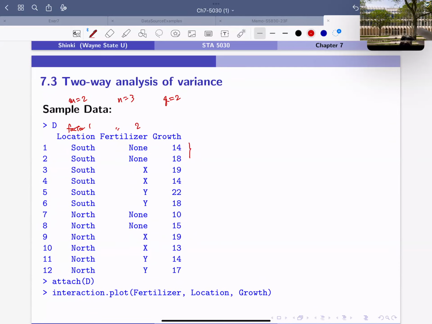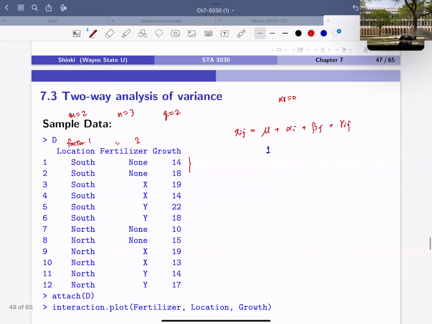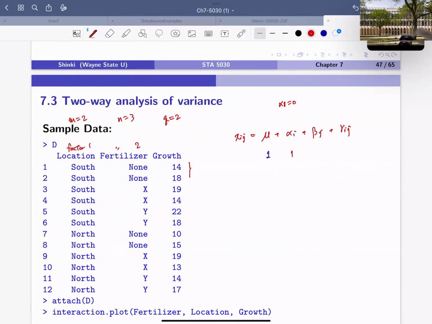So the number of free parameters is probably like this: alpha_i, beta_j, and gamma_ij. So we have the one parameter here, and alpha_1 is equal to 0 as baseline. So we only have alpha_2, so one parameter again.